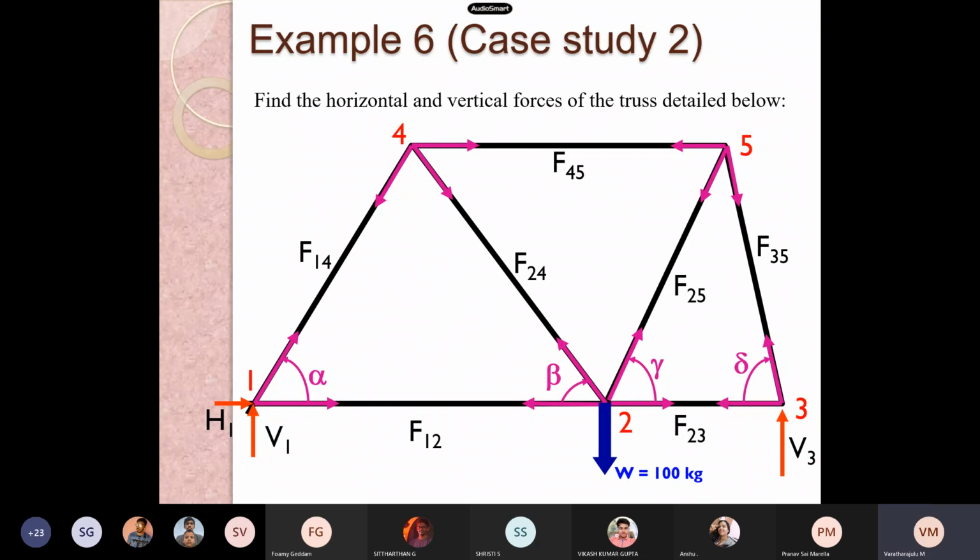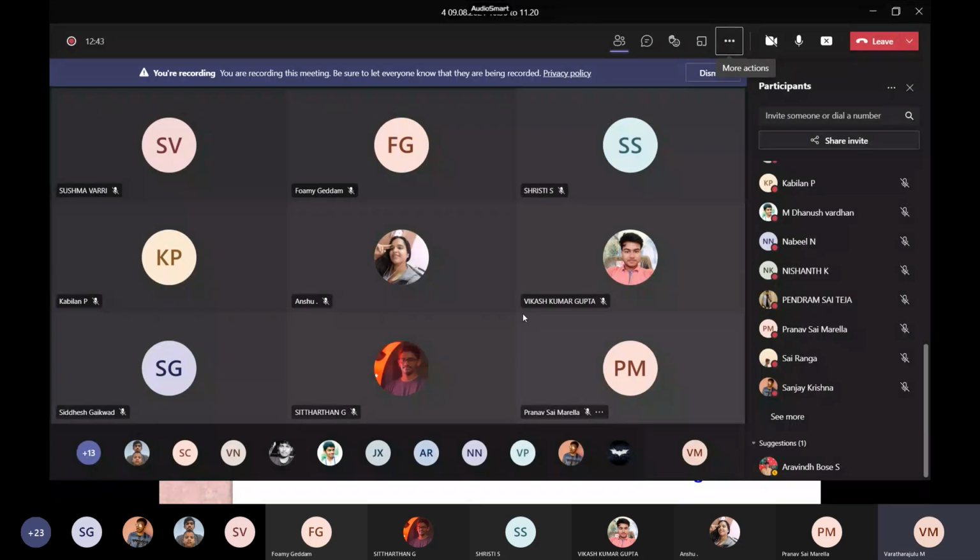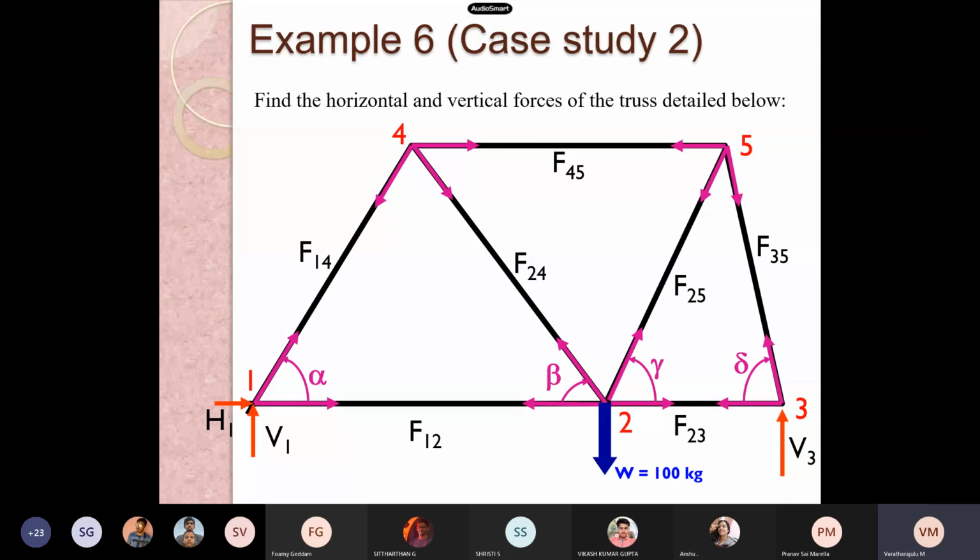Example 6, case study 2. No one? If no one, I'll disseminate it once the class is over. I'll give some keys to solve case study 2.